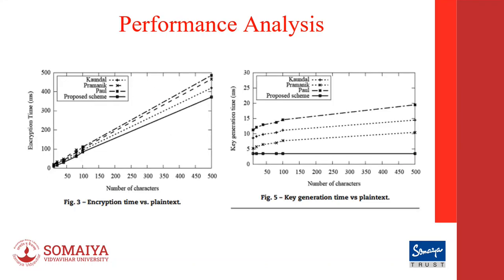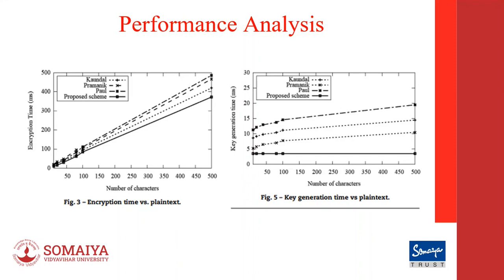Moving on to the next slide. In this section, we can see that the proposed solution is compared with three previously proposed solutions, namely Kundal, Pramanik, and Paul. Observing the graph named figure 3, we can see that the encryption time may not be of much difference, but in the long run, the proposed scheme's encryption time is proved to be much less than the previously proposed solutions.